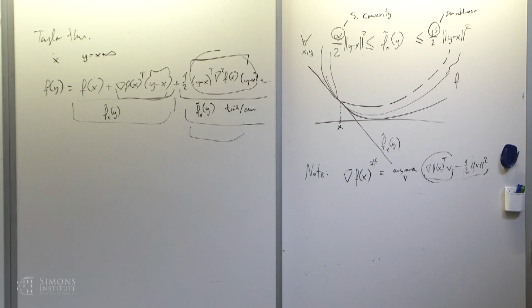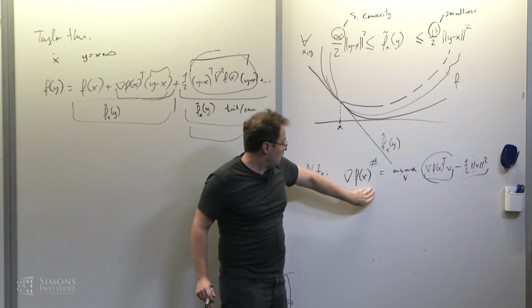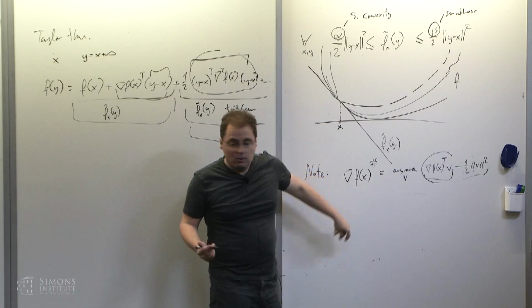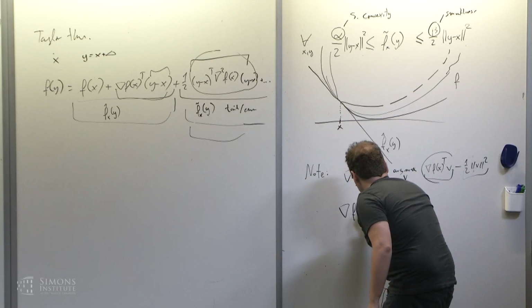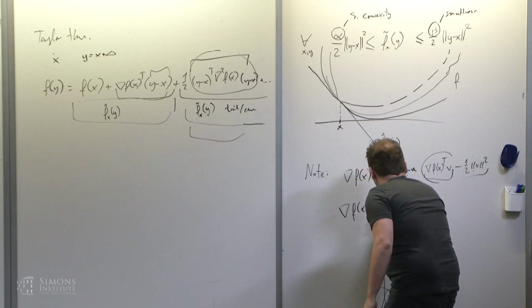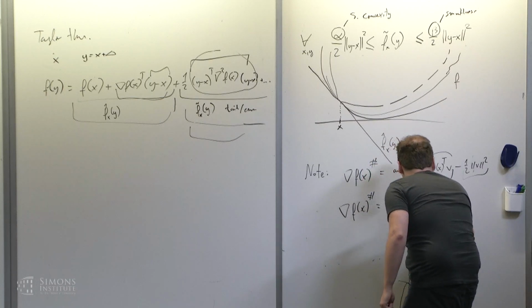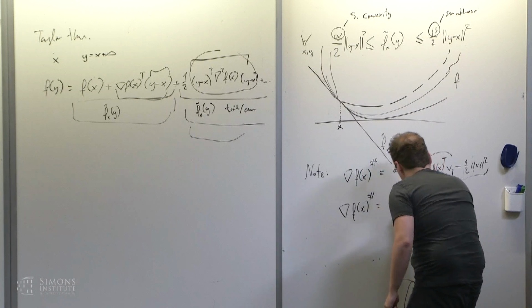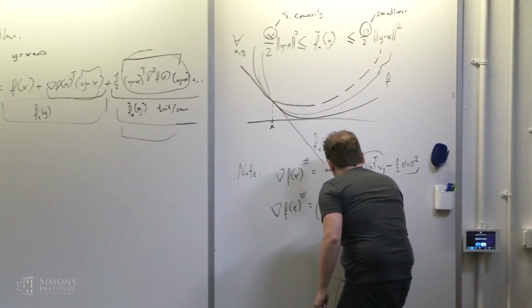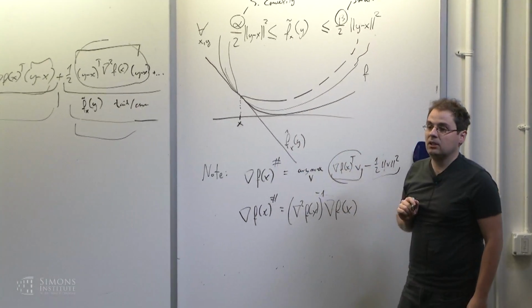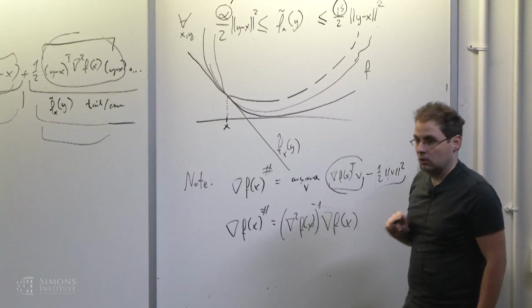For now, let's think: if I use this norm, what will my gradient step be? After some quick calculation, it will be just my original gradient direction multiplied by the inverse of the Hessian.